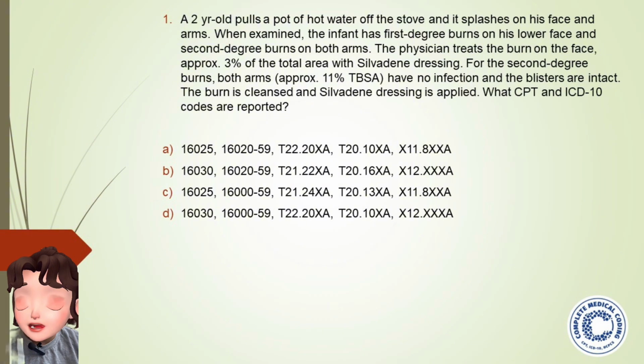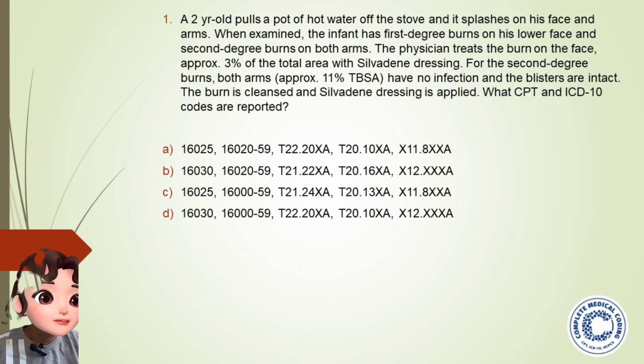T22.20 is burn of second degree of shoulder and upper limb, except wrist and hand, unspecified site. We have second degree burns on both arms, so this is the upper limb. So this code should be there.